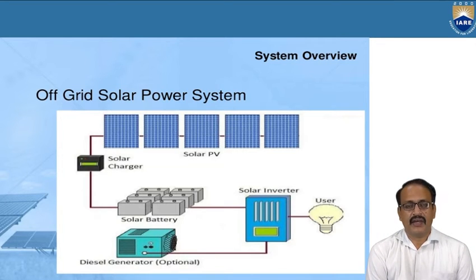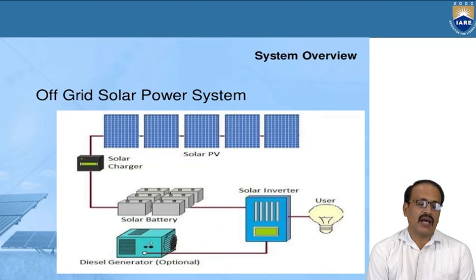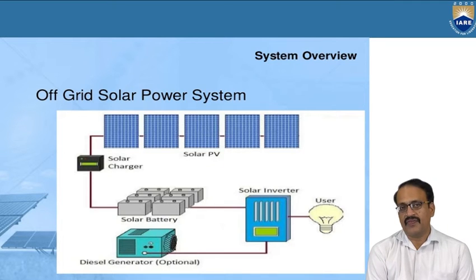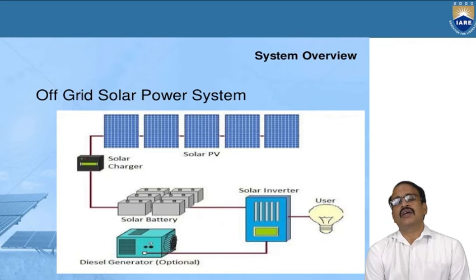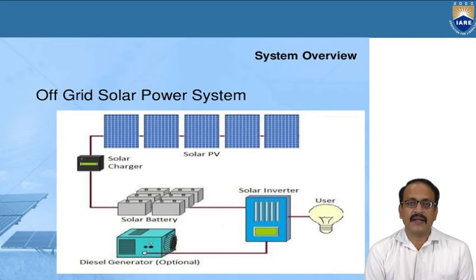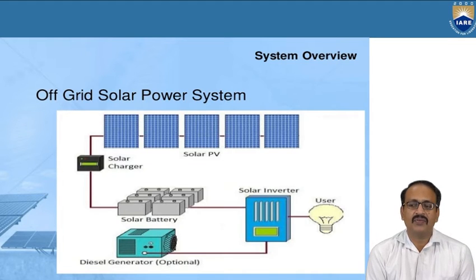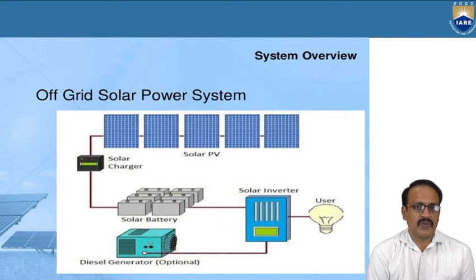For example, we have different sources of generation. Say I have a small hydropower plant generating a small amount of power, not connected to the grid, constructed for a small village. We can say it is a standalone hydropower system or off-grid hydropower system.